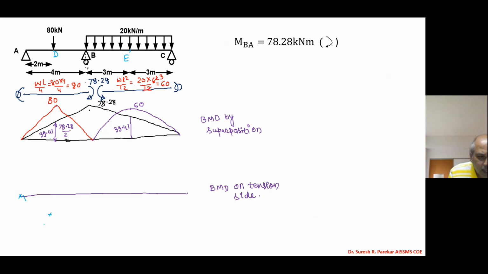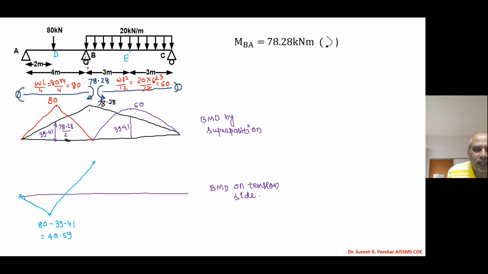So this value we have calculated, 80 minus 39.41 equals 40.59. This value will be as it is at B, which is 78.28. So we will first plot this portion. This is linear.